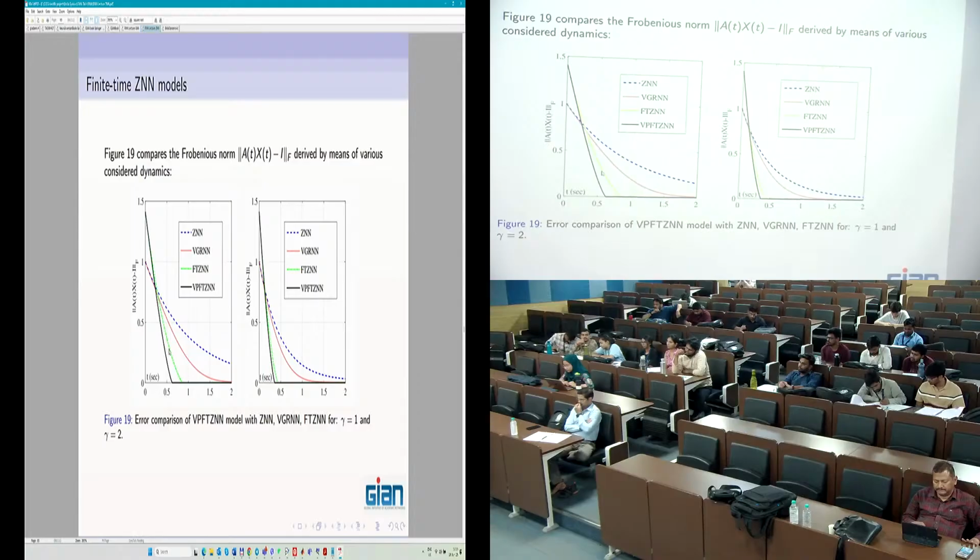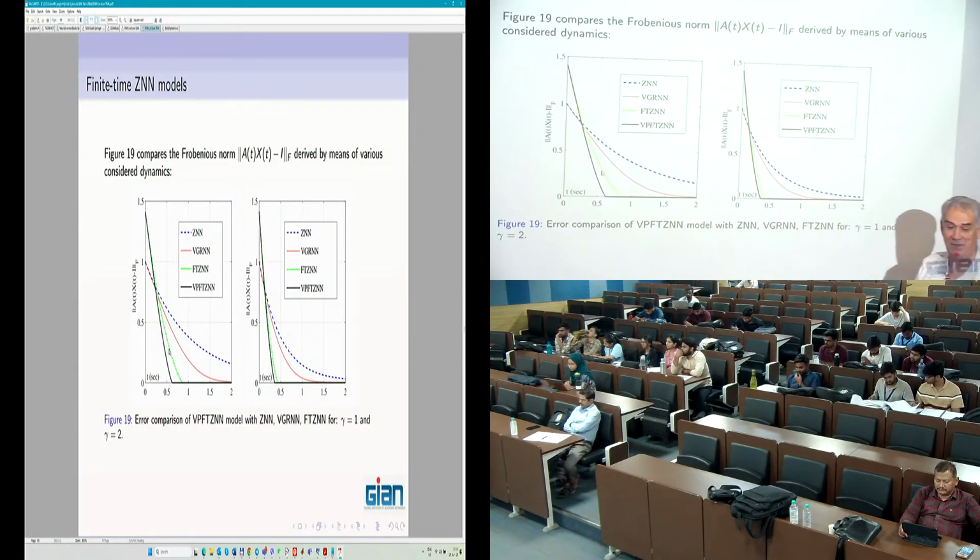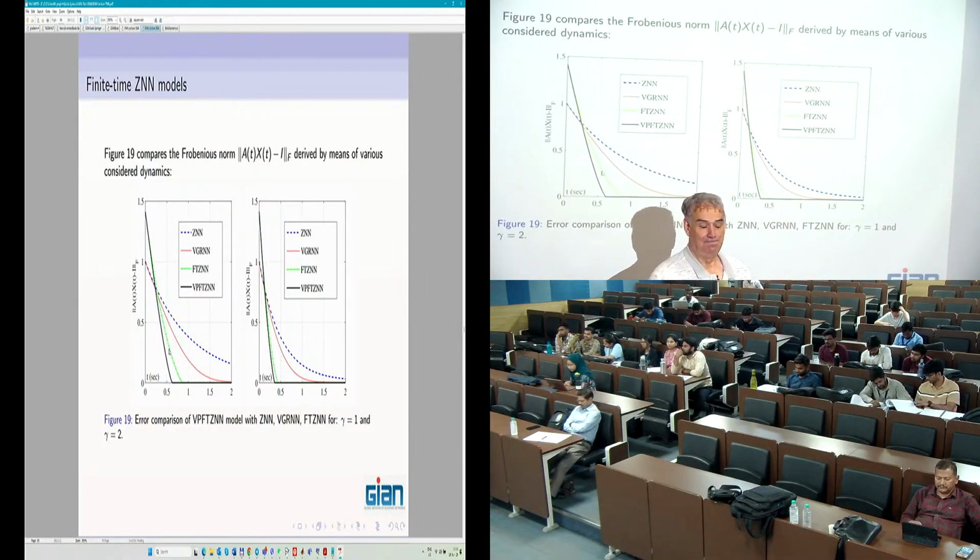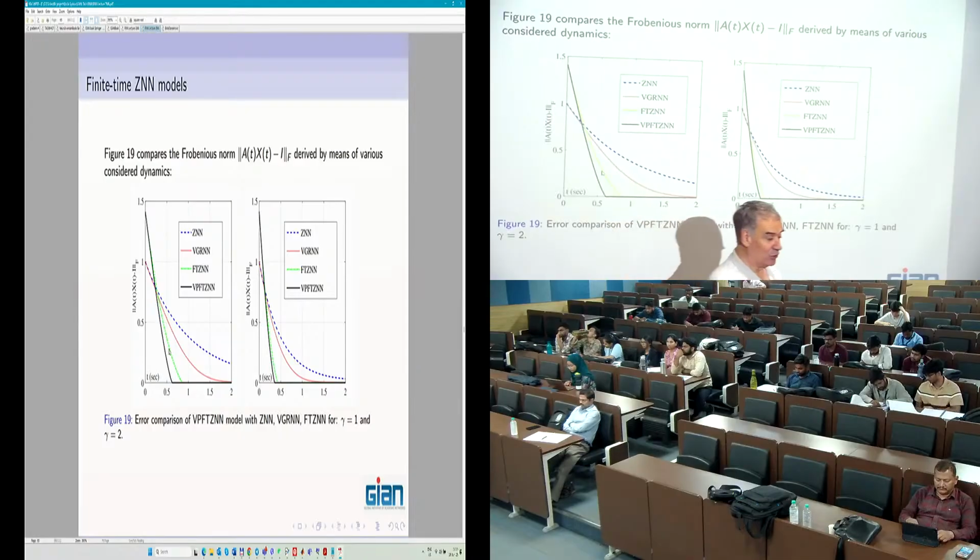Simulink model. Time starts from 0 and goes to end. This end must be greater than 0. And in this way, xi power t will increase. And during the evaluation of our VP FT ZNN model, this term will increase and convergence will be faster and faster.